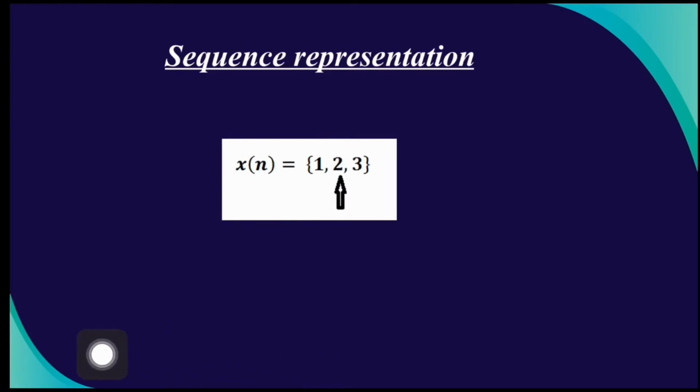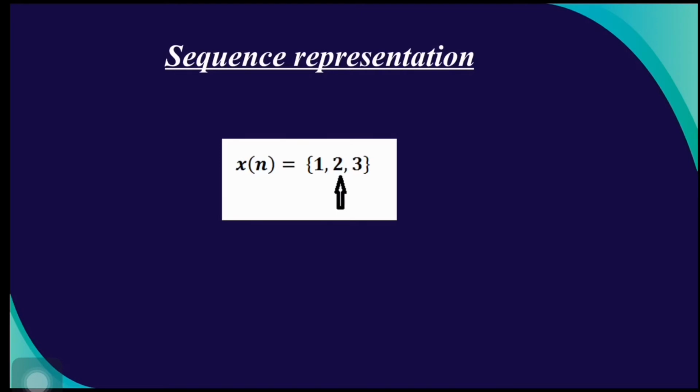Let me ask you something. If the arrow symbol is not given, how can we identify the origin of the discrete time signal? In fact, if the arrow symbol is not given, the first element should be considered as the value of the discrete time signal at n equal to 0. Got it? Hope you understood all of these 4 representations perfectly.